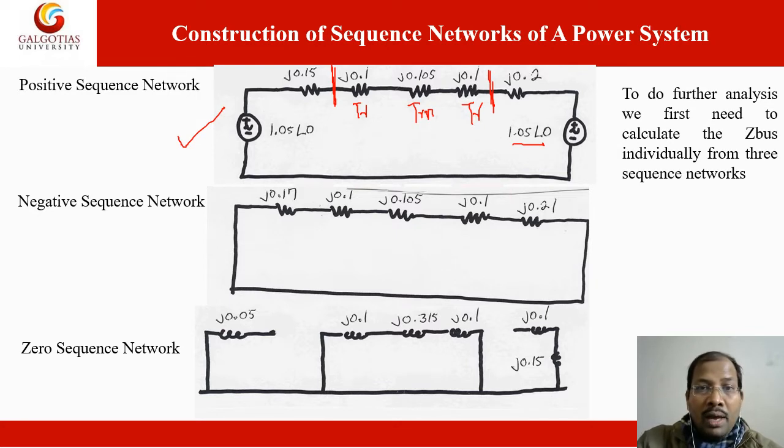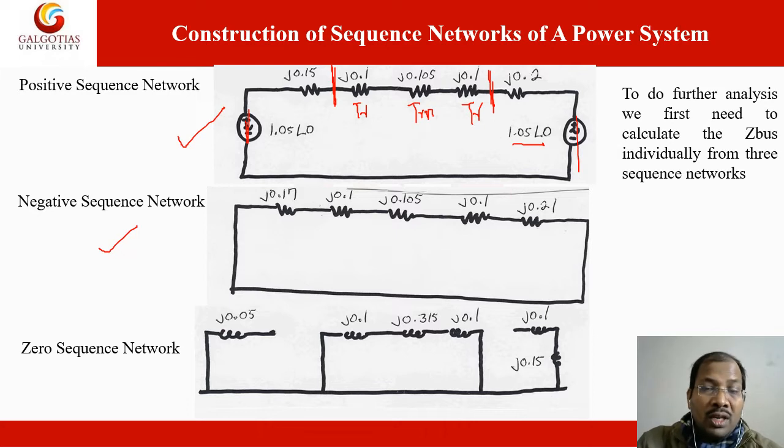They have given the same positive and negative sequence for the transmission line and transformer, so they are considered the same. For the transformer they have given j0.1 for the step down and step up transformer, and for the transmission line they have given 0.105, so we are considering that. When we draw the negative sequence network, we have to short out the voltage sources and replace the positive impedances with the negative impedances.